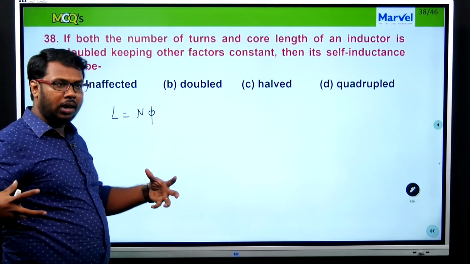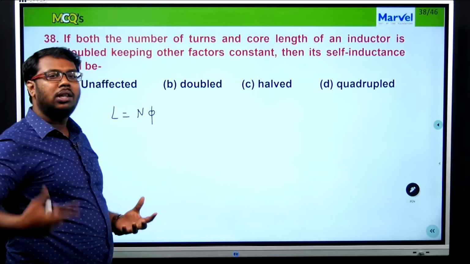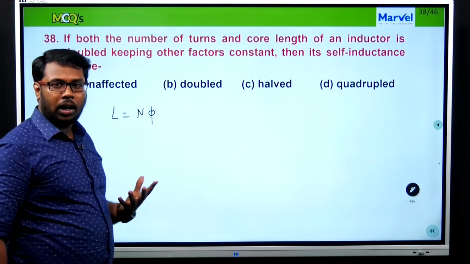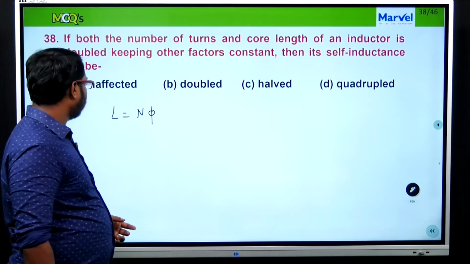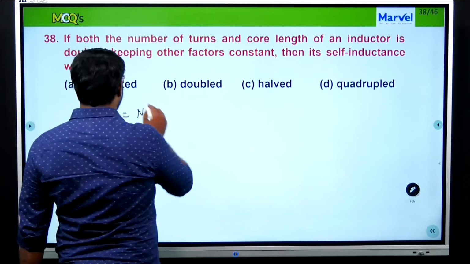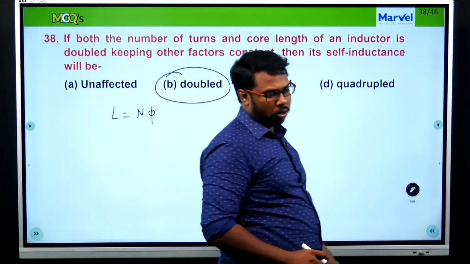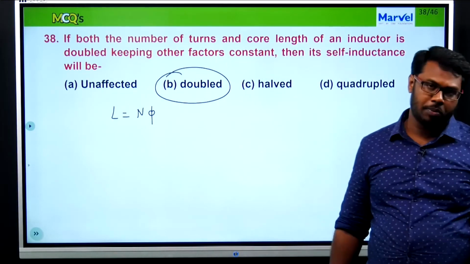If you increase the length of the solenoid, it is not going to affect much, but if you increase the number of turns, that will definitely double the self-inductance value. So this is how things really go in here.